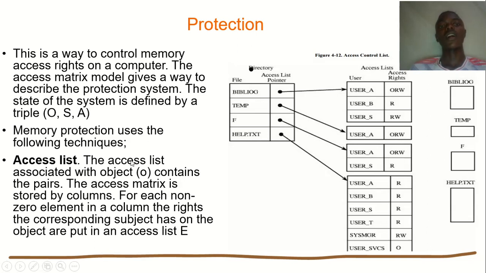Access list. The access list is associated with the object and contains pairs. The access matrix is stored by column.